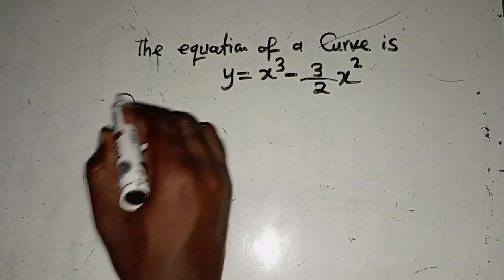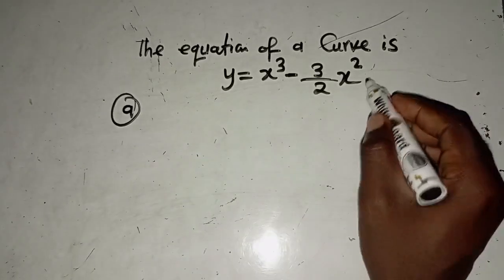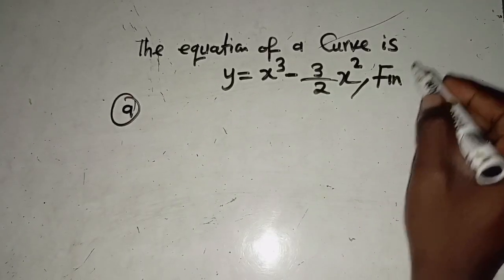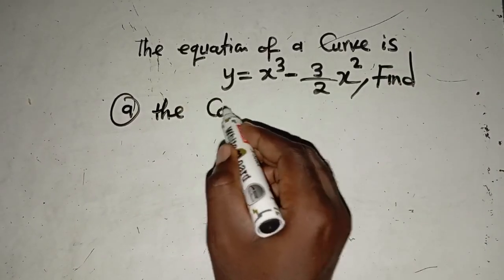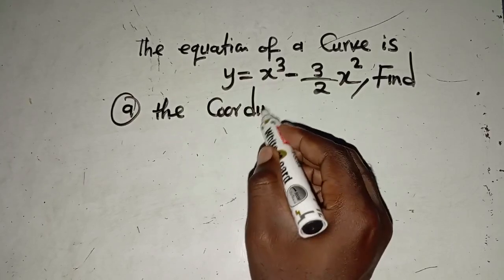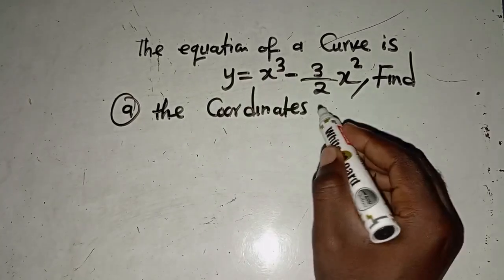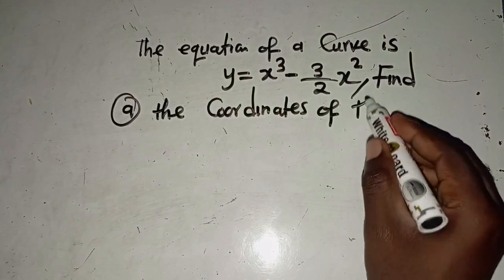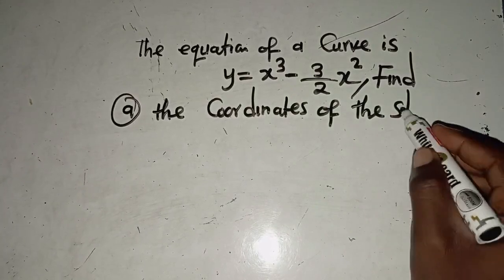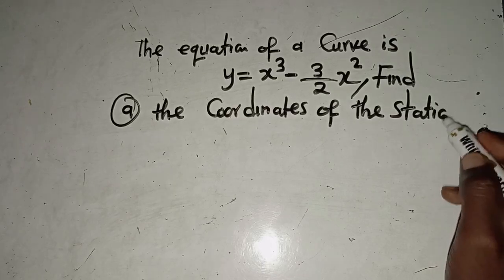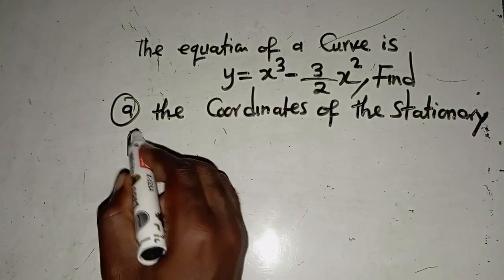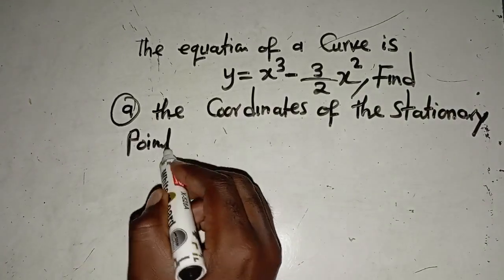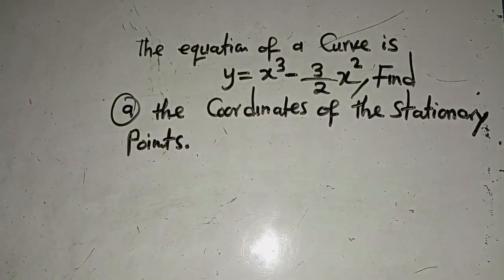Then the first question says, find the coordinates of the stationary points. Find the coordinates of the stationary points. This is what we want to do.